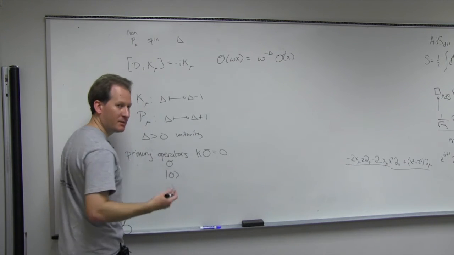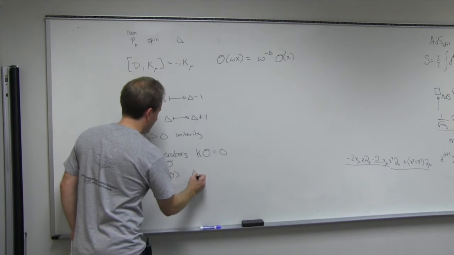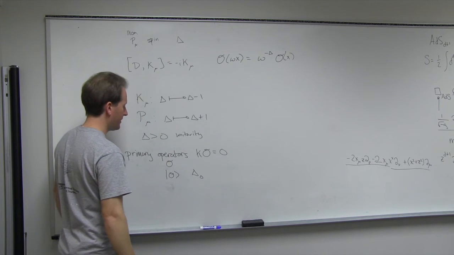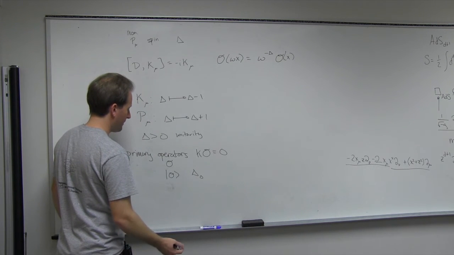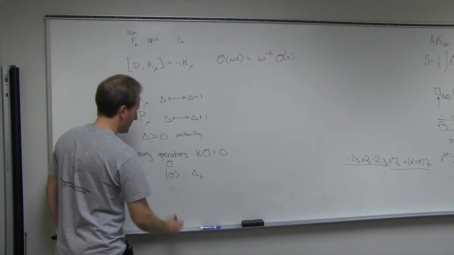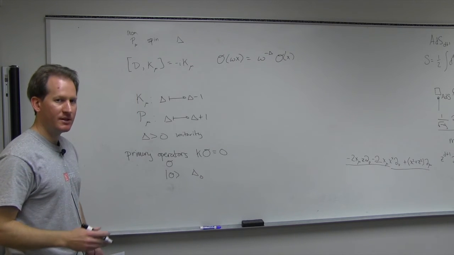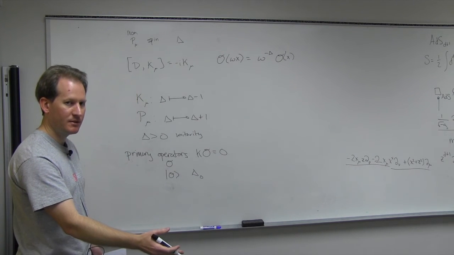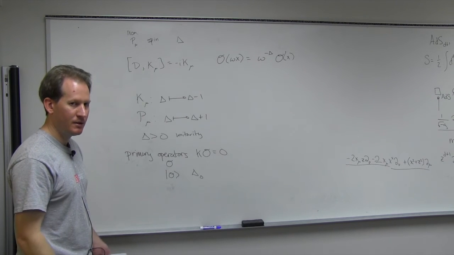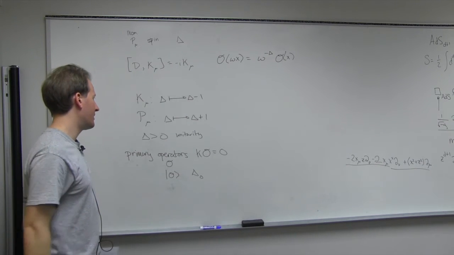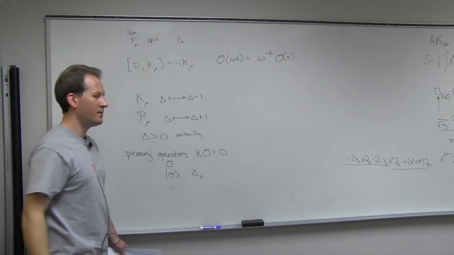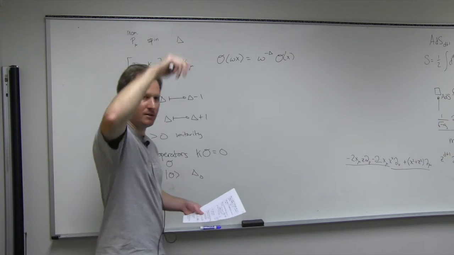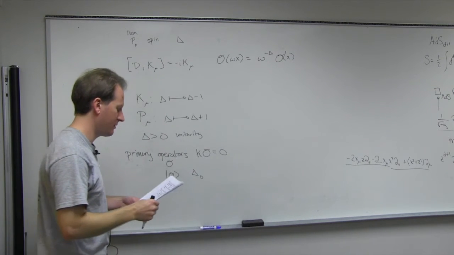It will have some dimension, let's call it delta naught. But K on this is 0, so that's telling me I can't lower the dimension any further. So this is a lower bound. I can apply P's to raise the dimension and find all the descendants of the primary.